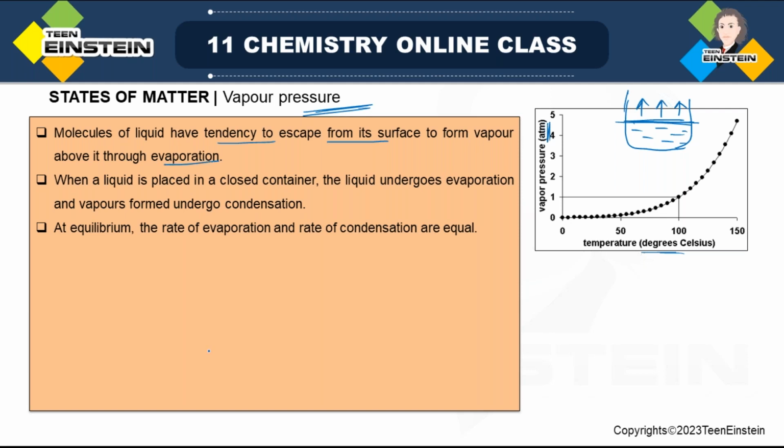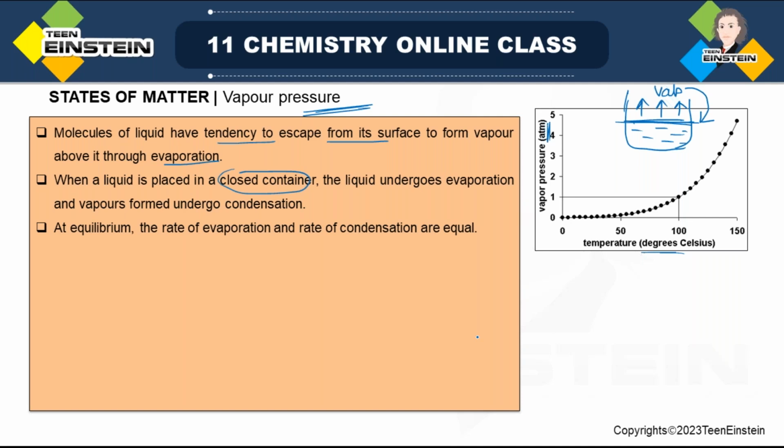state to gaseous state. When a liquid is placed in a closed container, the liquid undergoes evaporation, and after evaporation the vapors that are generated can again condense and be converted to liquid again. So both processes are possible. Gradually there will be equilibrium.